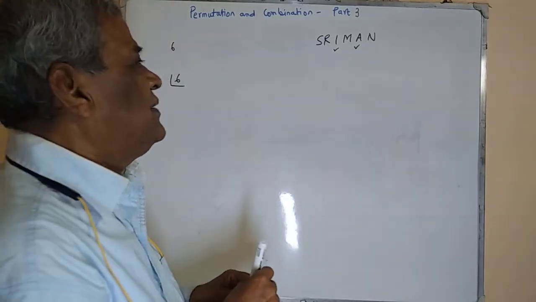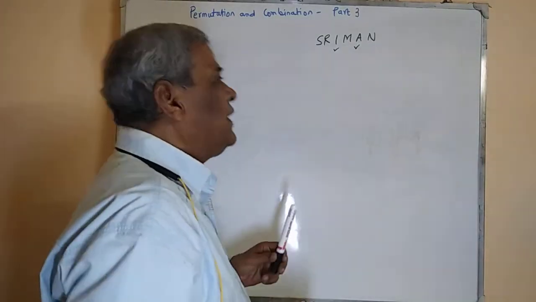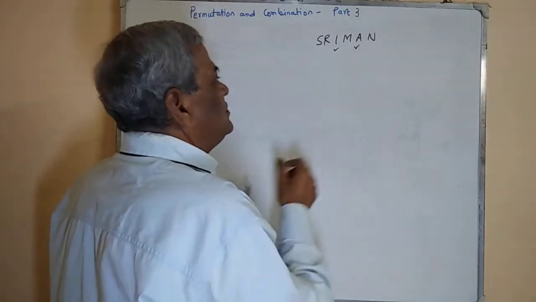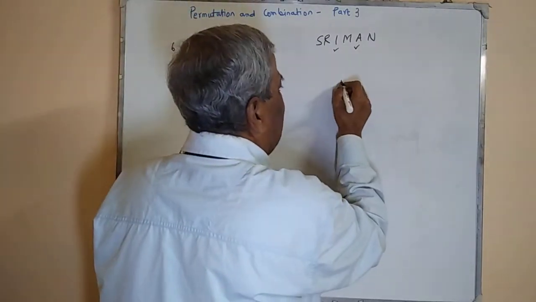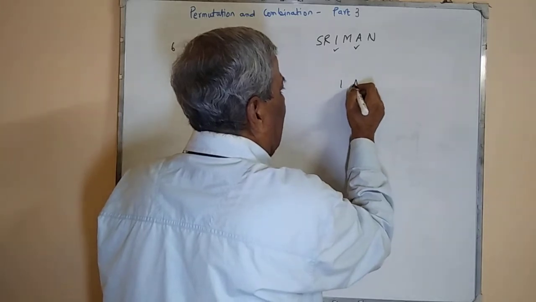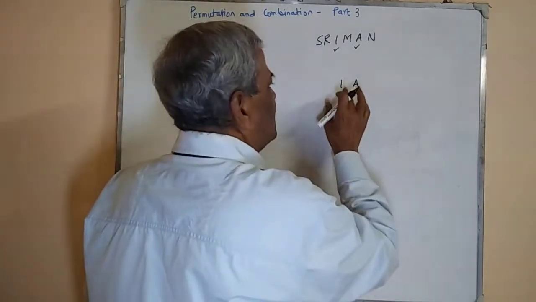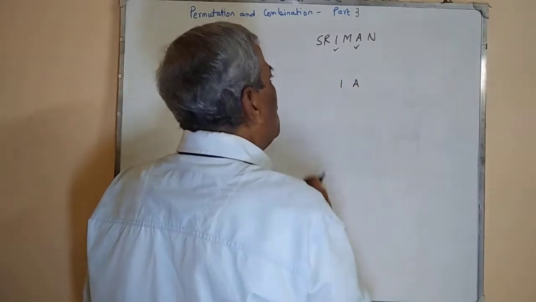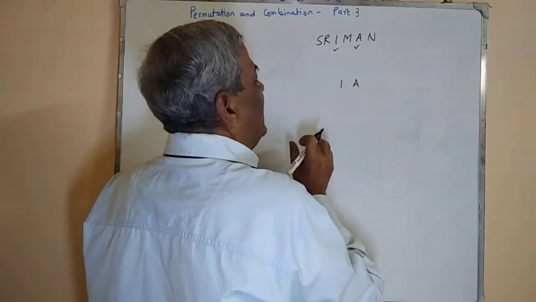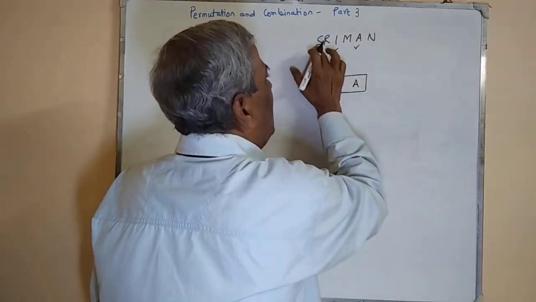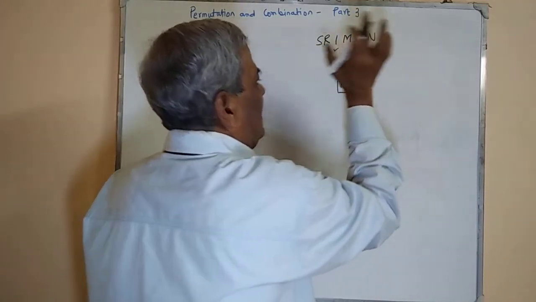Now we take the vowels as a single letter. So vowels means I and A, they are a single letter. So taking the single letter, the total number of letters becomes 1, 2, 3, 4 and 5.